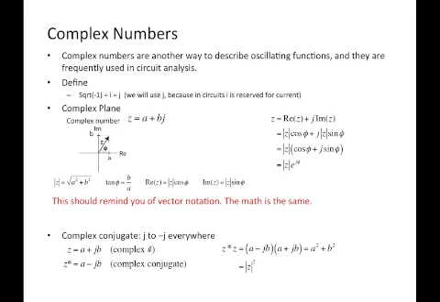And this whole mathematics should remind you a lot of vector notation. This was exactly the same math that we used in vector notation. So let's imagine this complex number. It has a real part and an imaginary part. Let's use our definitions, the magnitude of z times the cosine or sine of the angle. We can make those substitutions here. And then if we pull out the magnitude of z, we're left with the cosine of phi plus j sine of phi.